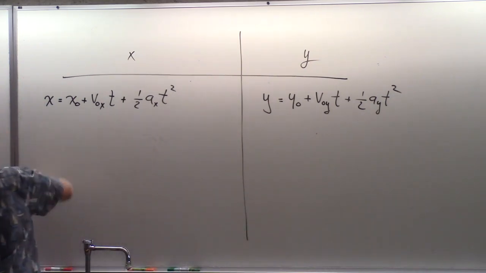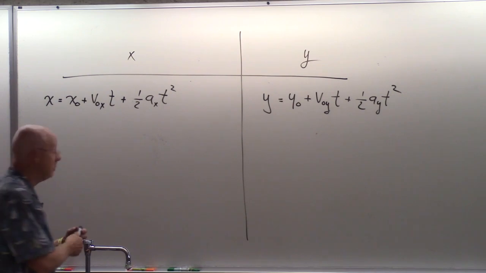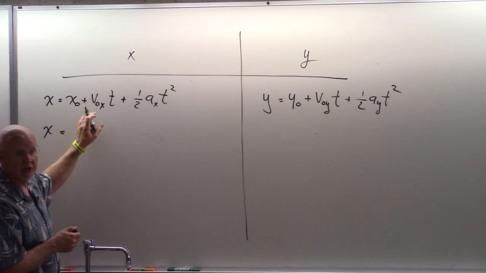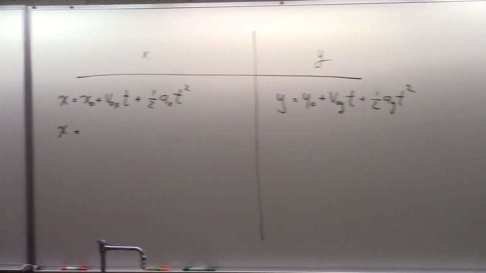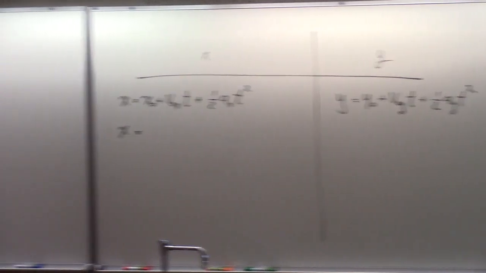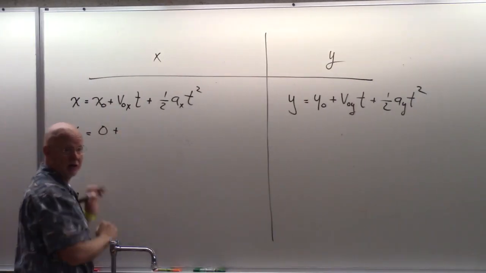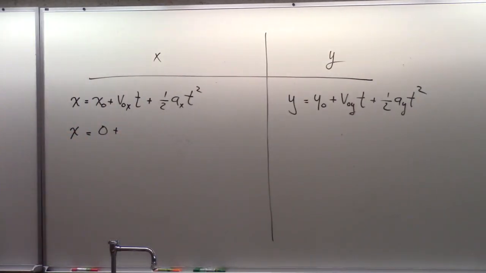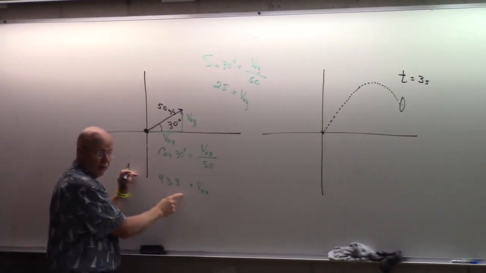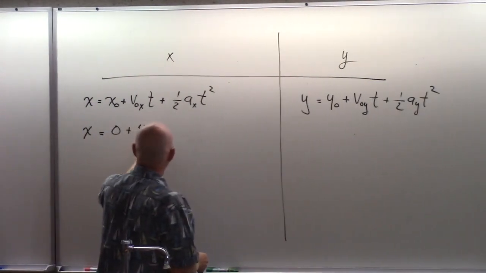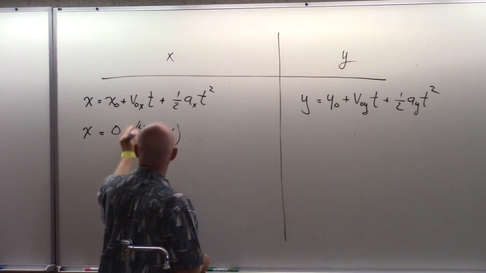So why don't we start putting in what we do know? Do I know the initial position in the x direction? Yeah, I actually chose that by saying, let's say the initial position is the origin. So this is 0. Do I know the initial velocity in the x direction? I do. That took a little work to get there, but it's not the 50. It is the 43.3, and I'll even put in meters per second.